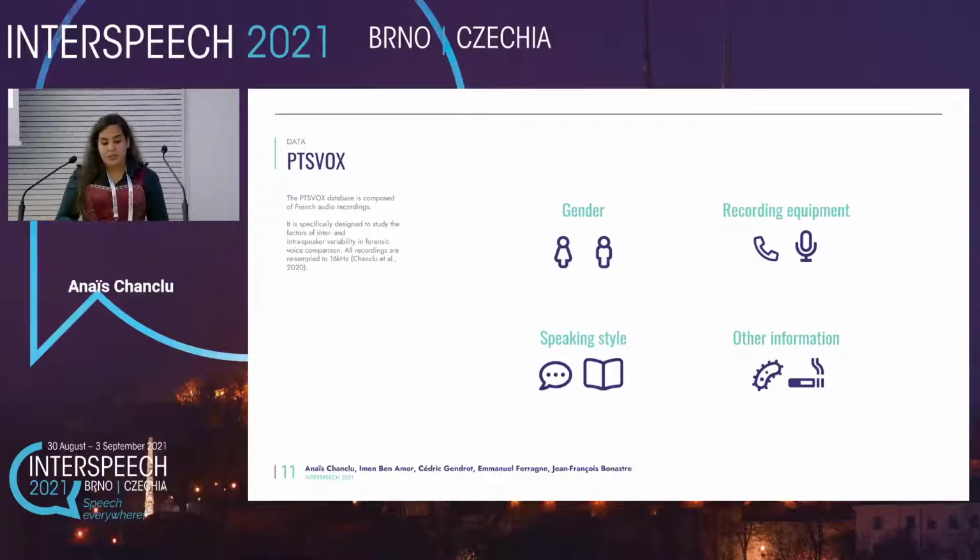For this experiment, all the recordings are resampled to 16 kilohertz. PTSVOX is composed of 2 sets: the set intra, which contains 24 speakers recorded regularly, and the set inter, which consists of the remaining 245 speakers, who were recorded only once.